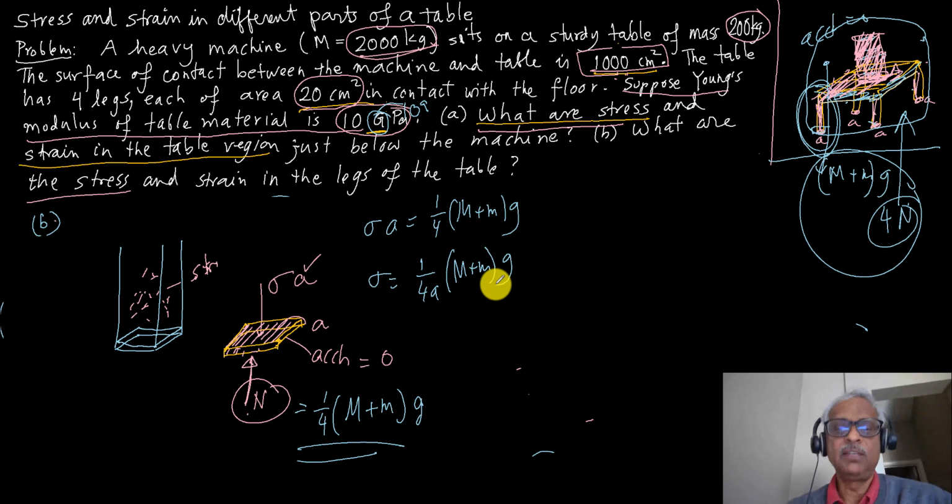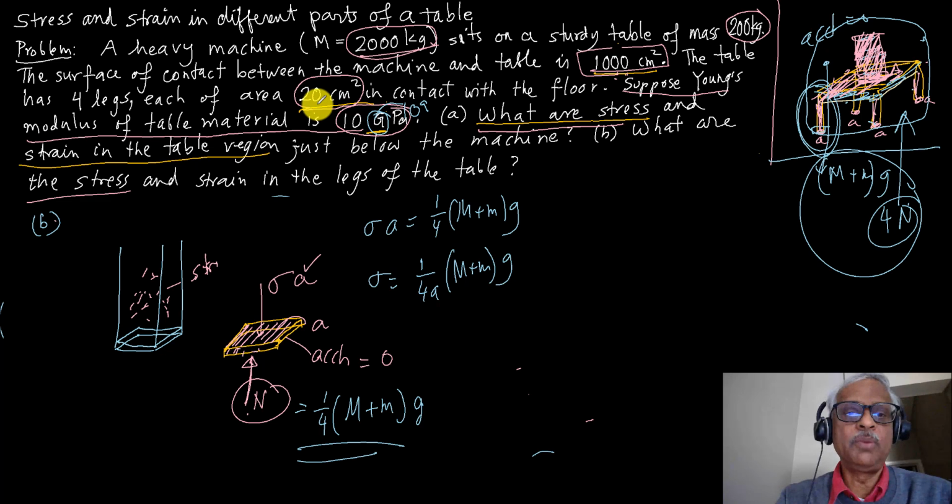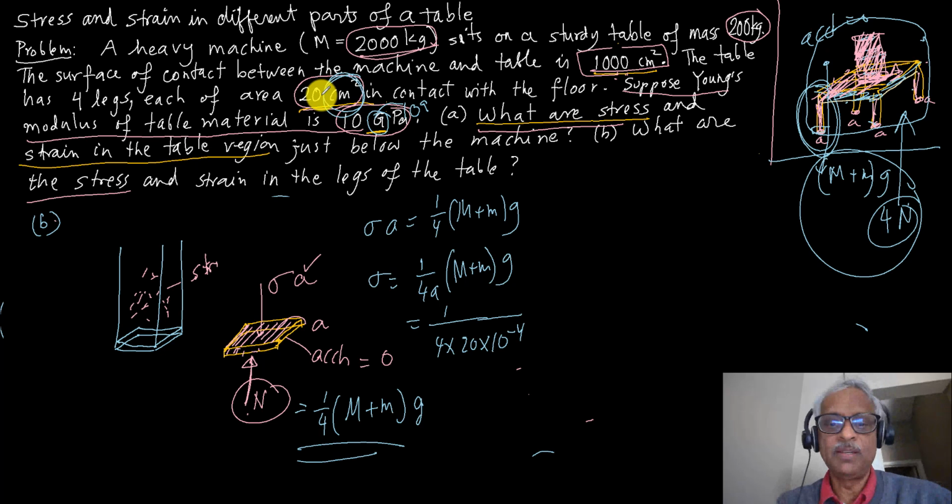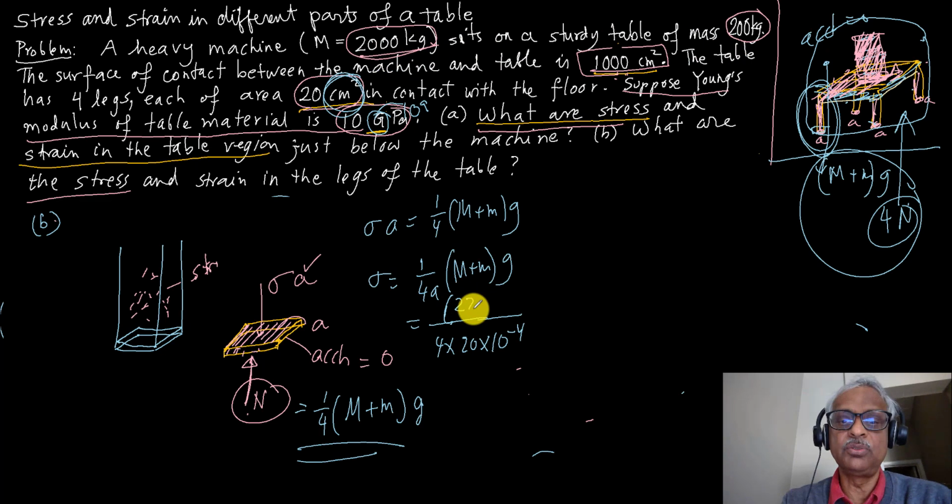Now we have 20 centimeters squared, so 1/4 times 20 times 10 to the power minus 4. Remember, centimeter squared has to be converted to meter squared. And M plus m is 2,200 kilograms times 10.